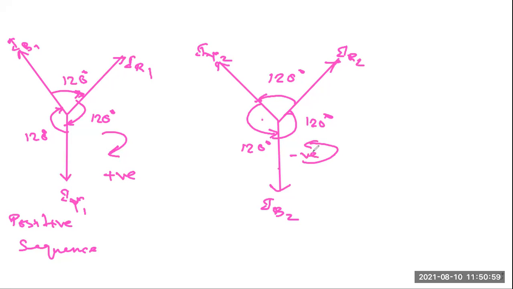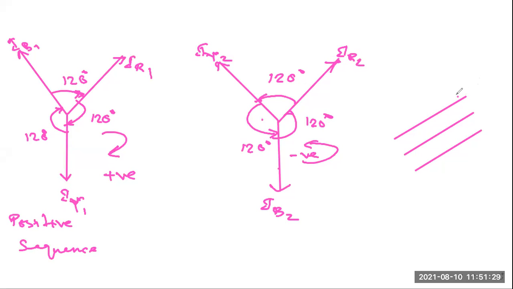Okay. Now we'll come to the zero sequence component of current. For the zero sequence, these three are parallel. Here the phase displacement will be 0.